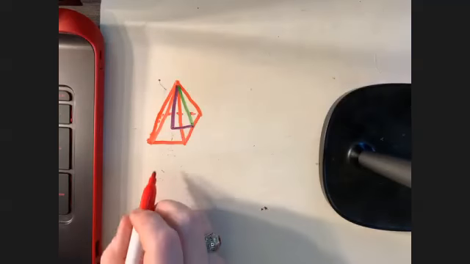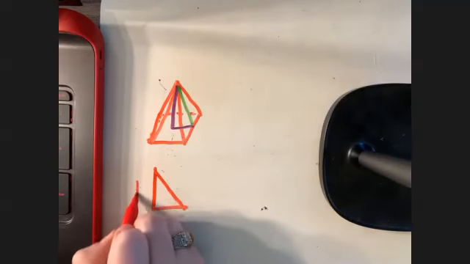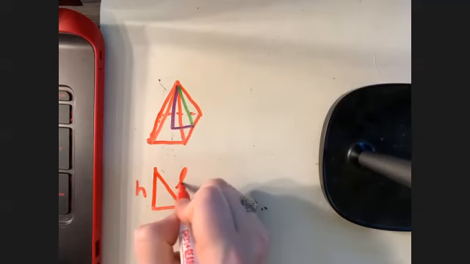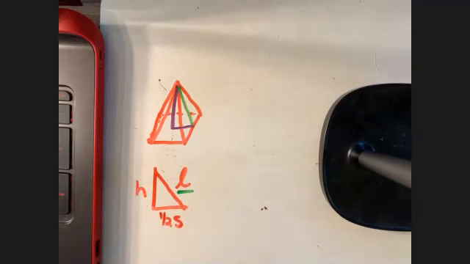If we look at that triangle again, I'm going to draw it down here. This was your height, this was your slant height, and this was half of a side. This is what I had marked up there in green, and this is what I had marked up there in purple.